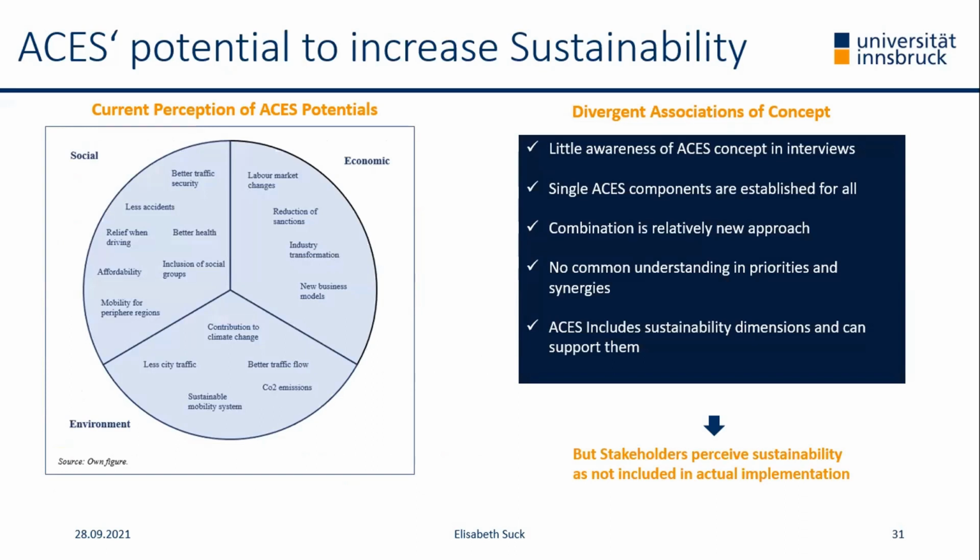I compared these 3 dimensions from the concept of sustainable transportation, and then looked at which ideas the stakeholder groups associated with these 3 dimensions for ACES. As you can see, there are high overlaps, because the graphic shows which aspects are valid for both concepts. For instance, for the environment, we see a contribution to climate change, reduced CO2 emissions, or less city traffic.